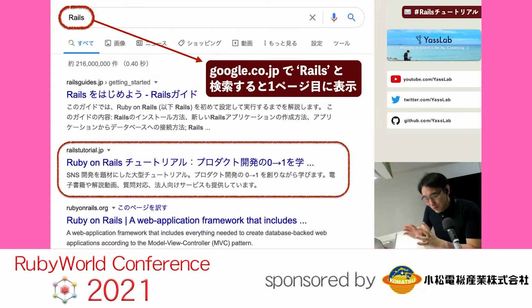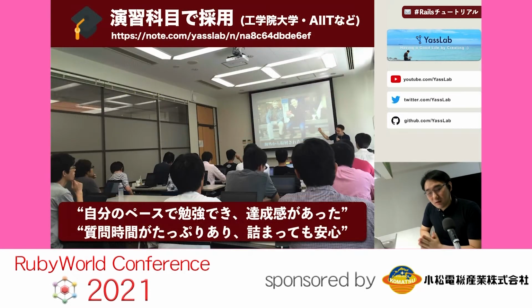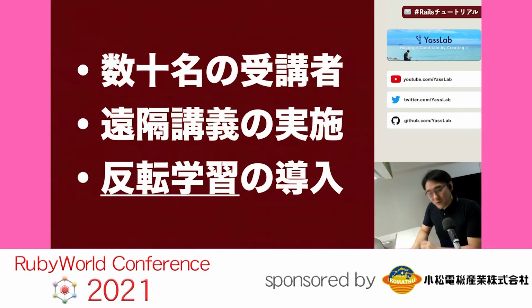If you Google our program, Rails for example, you may see our programs on the first page. And this is a picture at Kogakuin University, and ARI University has also adopted our program.